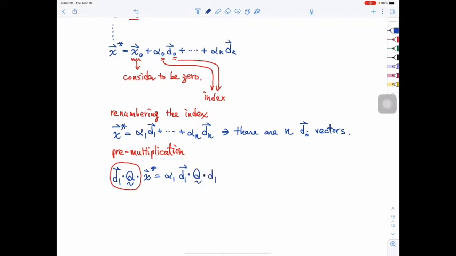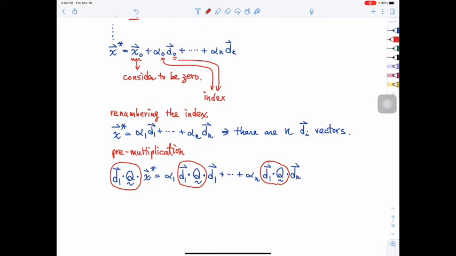So we should have something like this. And this is exactly the same operation, right? Okay, we did the same thing to every one of them.